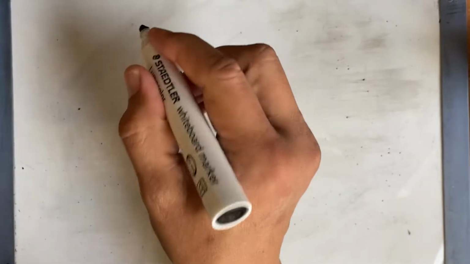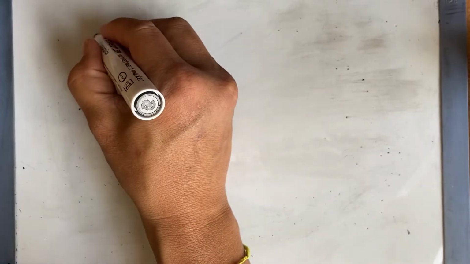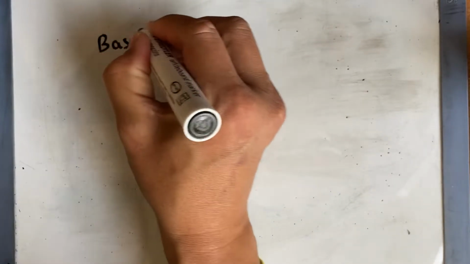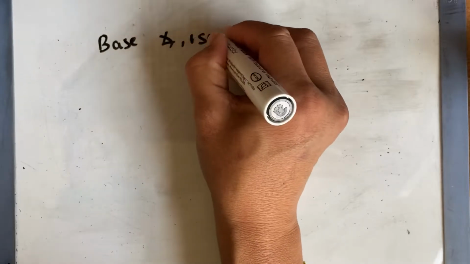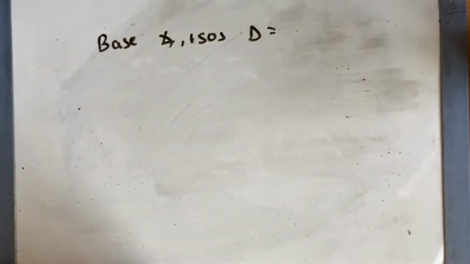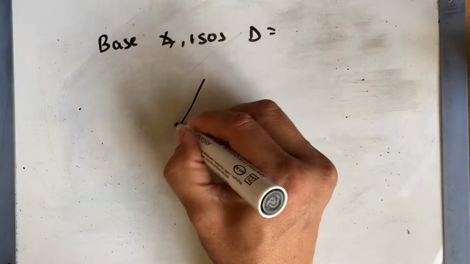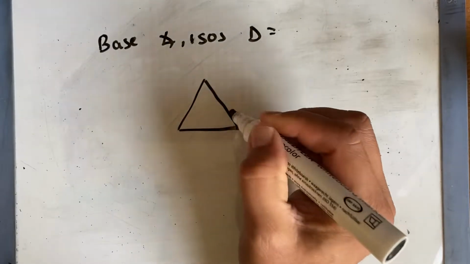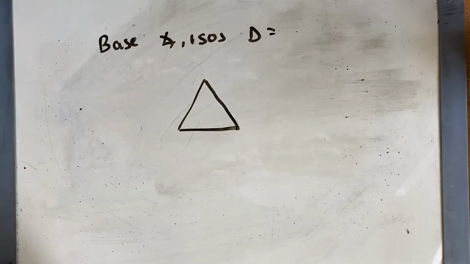The next theorem we have is the base angles of an isosceles triangle are equal. What is an isosceles triangle? An isosceles triangle has two sides of the triangle the same. If all 3 sides are the same, then it is called an equilateral triangle.